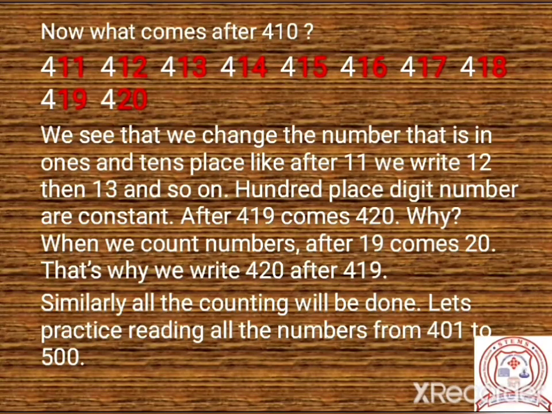When we count numbers, after 19 comes 20. That's why we write 420 after 419. Similarly, all the counting will be done. Now, let us practice reading all the numbers from 401 to 500.